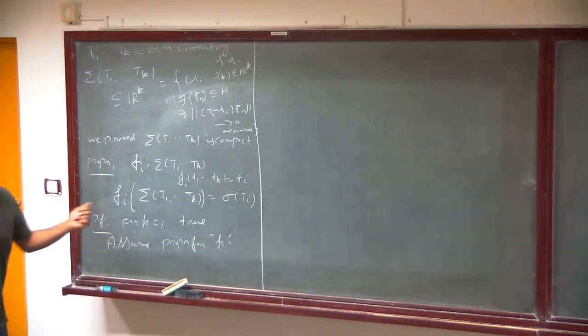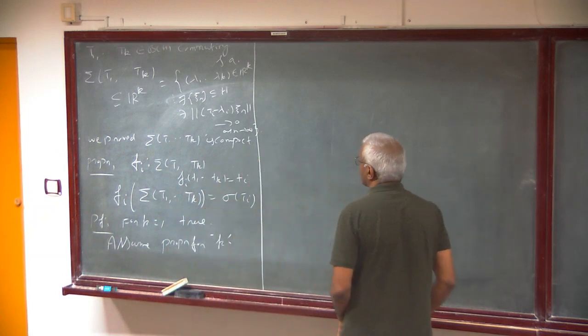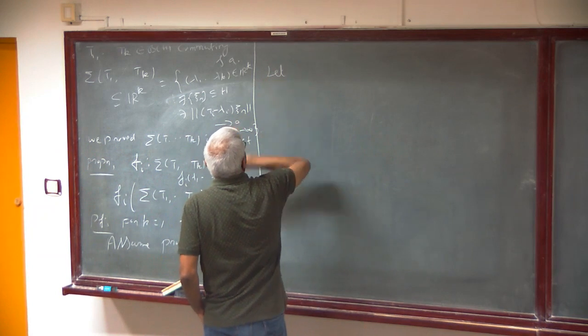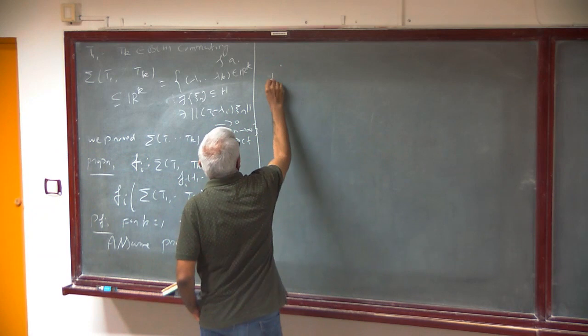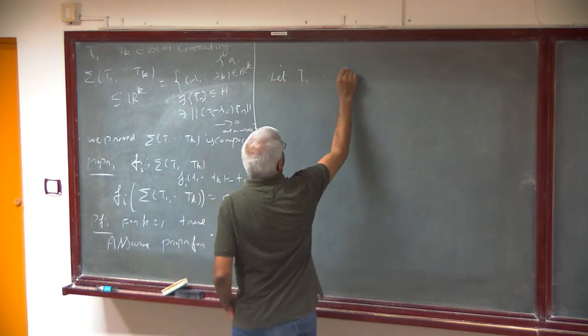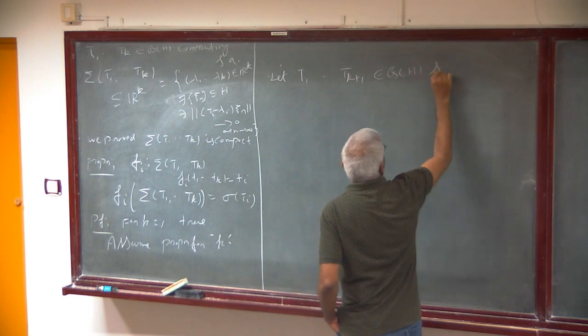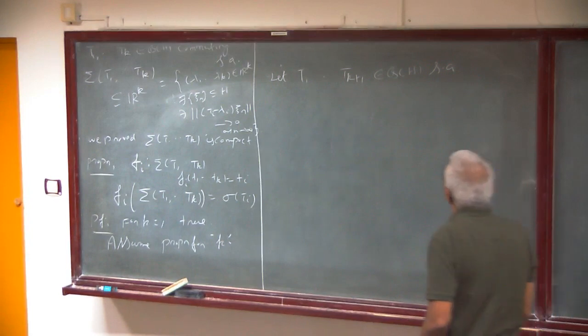We want to prove it for k plus 1. So let T1 up to Tk plus 1 be self-adjoint, commuting operators.